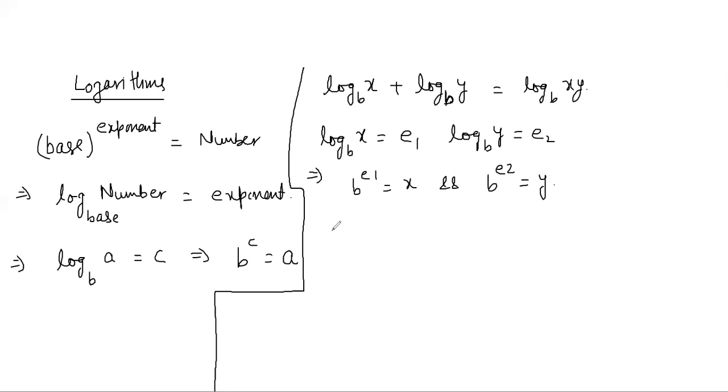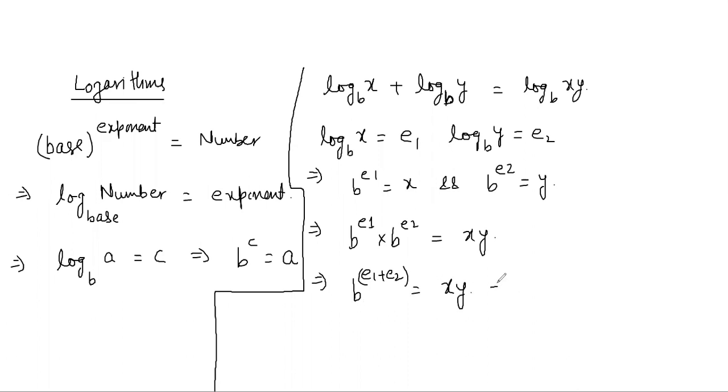So if I multiply x and y, I will get b to the power e1 multiplied by b to the power e2 is equal to x into y, and b to the power e1 multiplied by b to the power e2 can be written as b to the power e1 plus e2 is equal to xy.